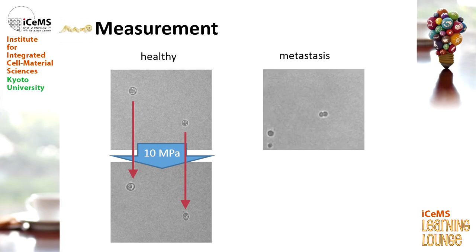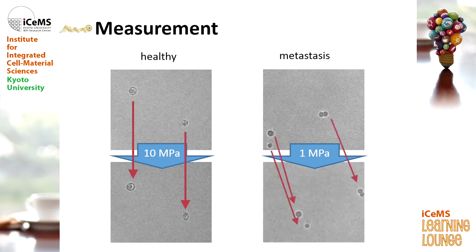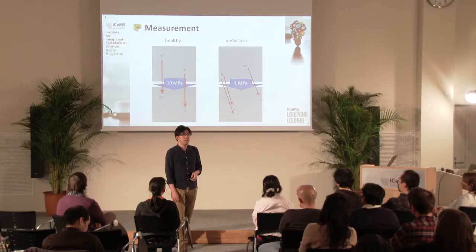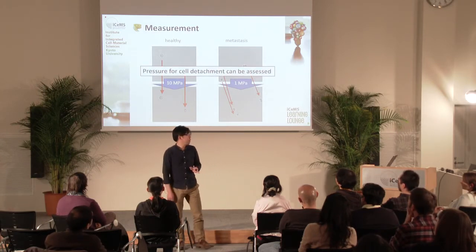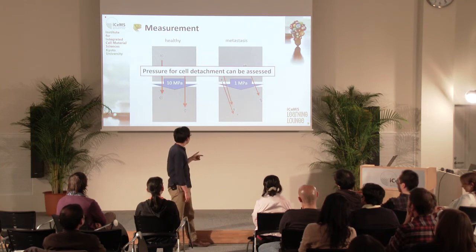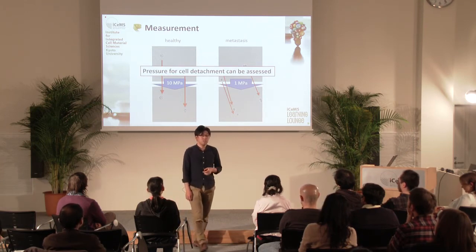We did the same experiment with the metastatic cells. And only 1 megapascal of the shock wave was strong enough to detach cells. So they moved afterwards. So by this technique, we can distinguish and we can evaluate how strong the adhesion of cells was.